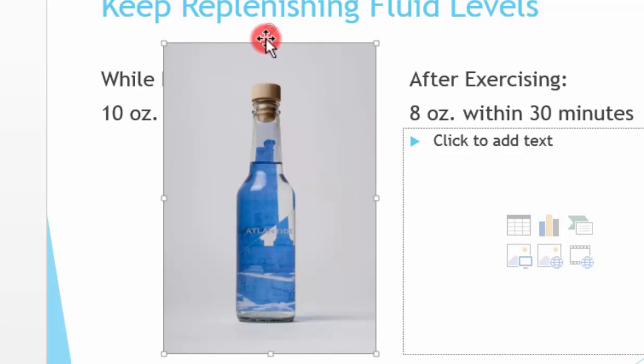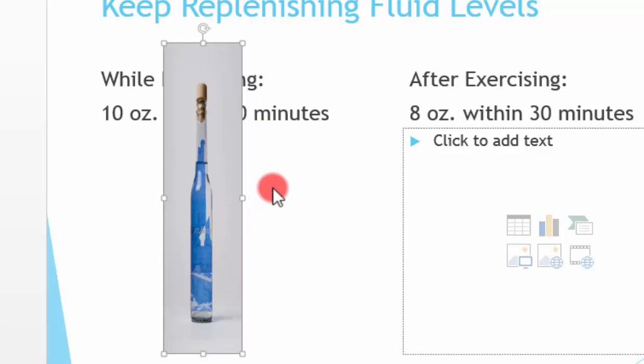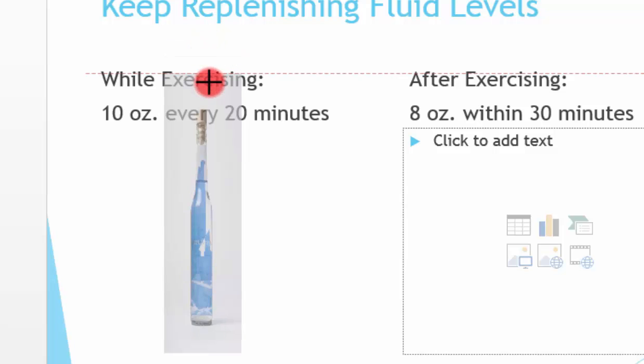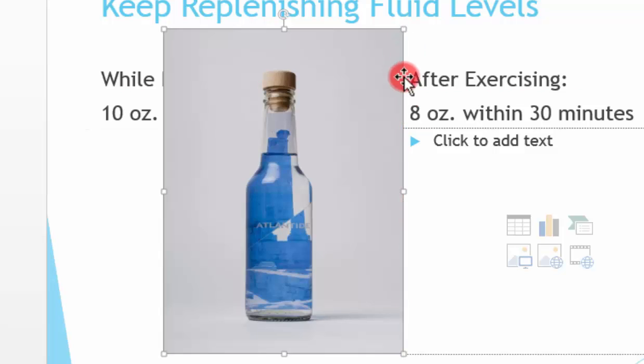Now, the one at the top, the one at the bottom, left and right, if you were to take the right and move it towards the left, notice that it would shrink the image and make the bottle smaller, as well as when you take the top and shrink it down. This is called non-proportional when you do this. When you take a corner, that is proportional because it stays the same.